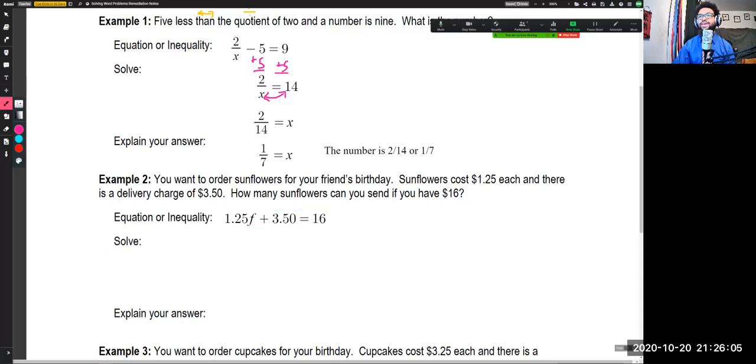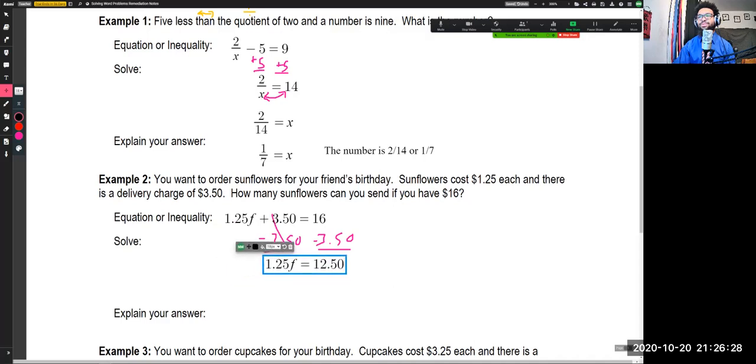So my next step is going to be to begin to solve the problem. I'm going to subtract 3.50 on both sides, minus 3.50, minus 3.50. That goes to 0. And what I'm left with is this 1.25F equals 12.50.